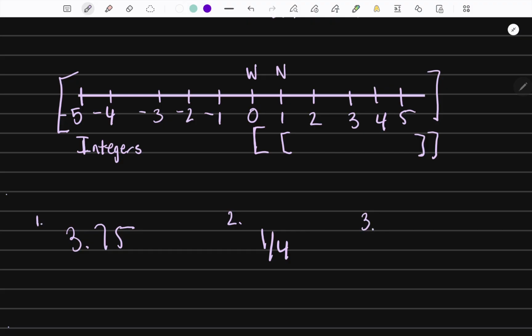Then let's say, and I'll do one more. How about... so let me know in the comments if you can figure out these numbers.